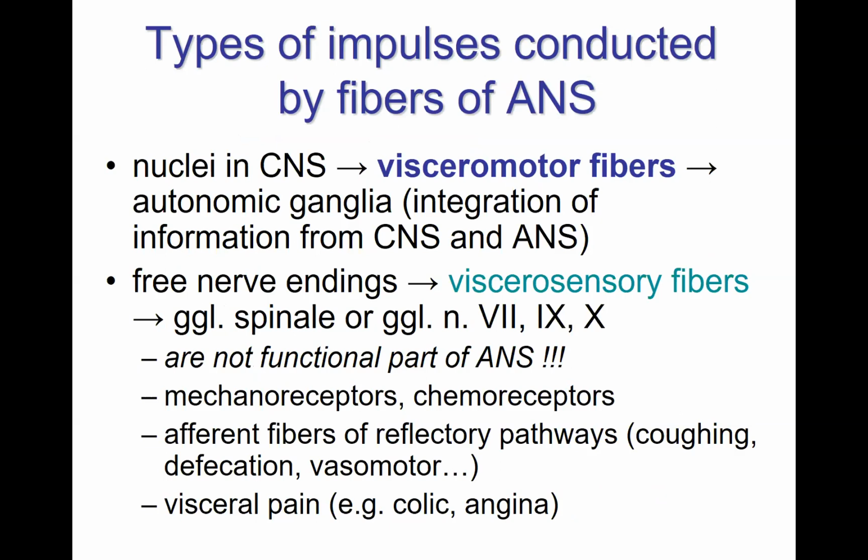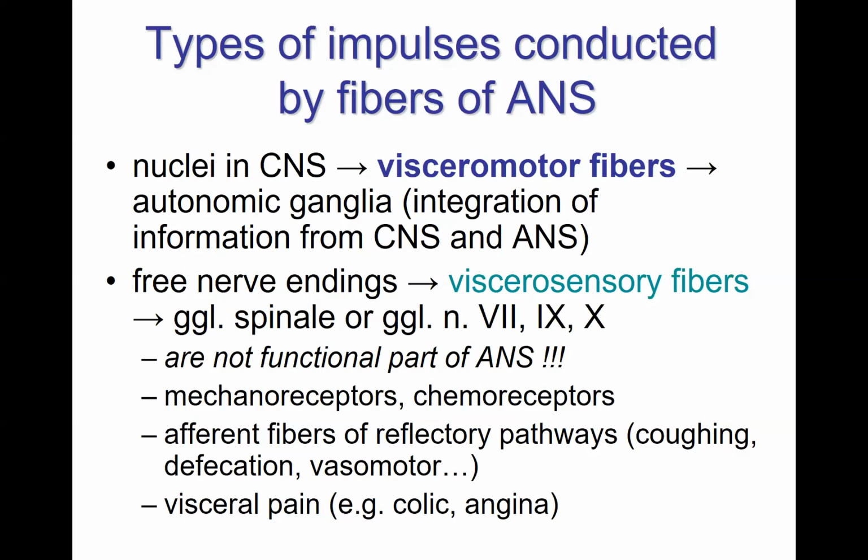They enter the autonomic ganglia, and in the autonomic ganglia, they synapse. The preganglionic fibers are all the time myelinated, so that means they are wide, they are quite quick. But the ganglia reduce the speed, and then from the ganglia, after the synapsing, the postganglionic fibers are unmyelinated, so they are gray, and the transmission is slower.